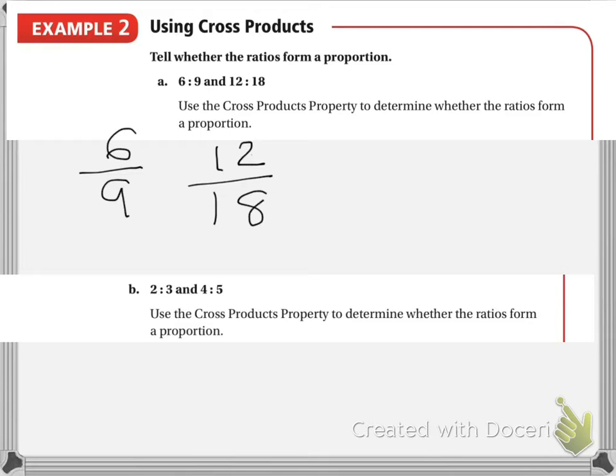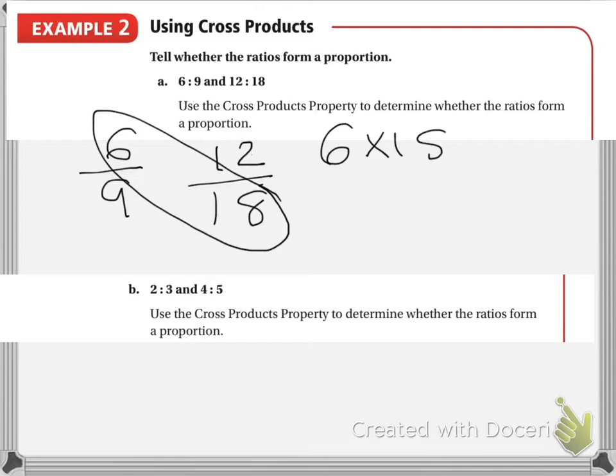To do cross products to see if they are equal and form a proportion, you go diagonally and multiply. So I would do 6 times 18, 6 times 8 is 48, and 6 times 10 is 60, which equals 108.